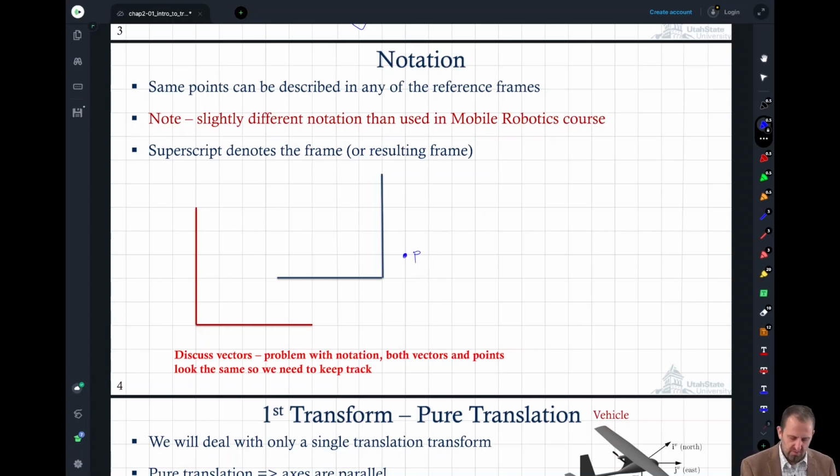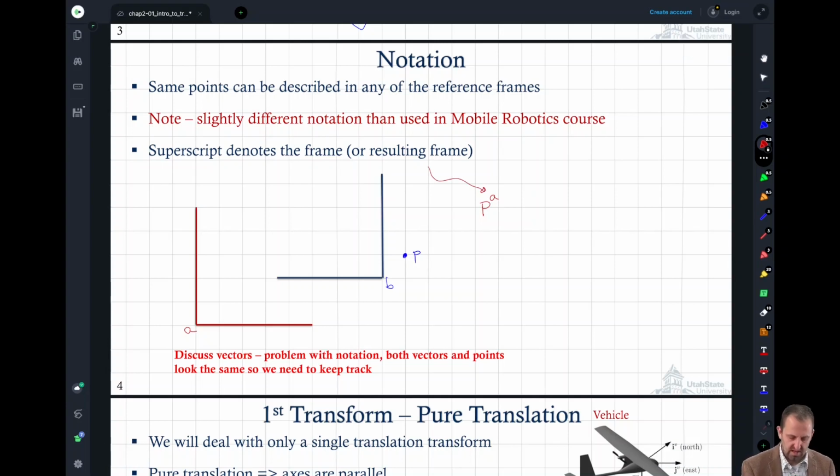So if we leave it as such, just with a plain P, we have not assigned a frame to it. We're going to talk about this frame being frame A, the red is frame A, and the blue is frame B. So when we talk about a point being in the A frame, we're going to use this superscript to denote the frame.